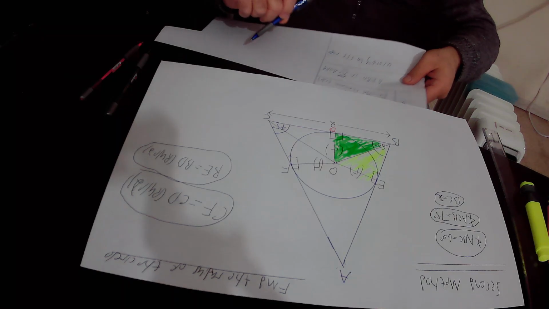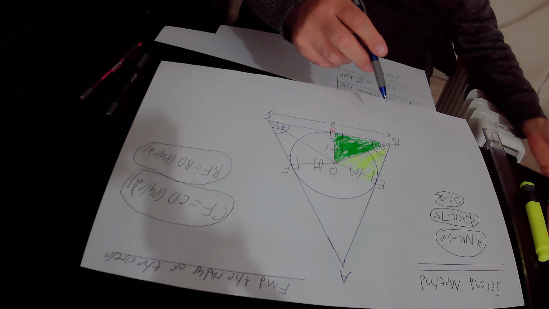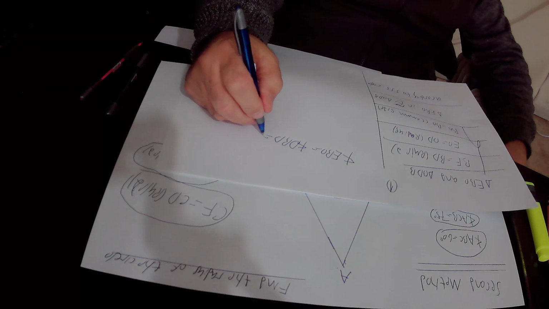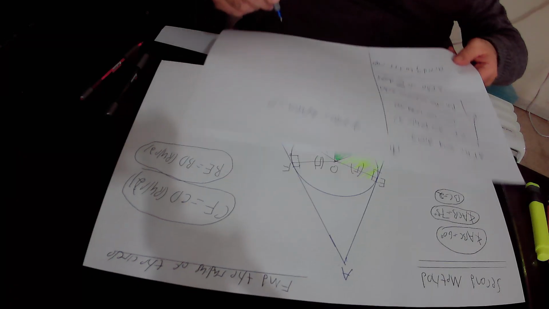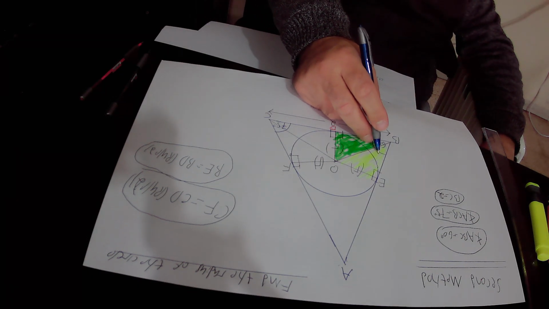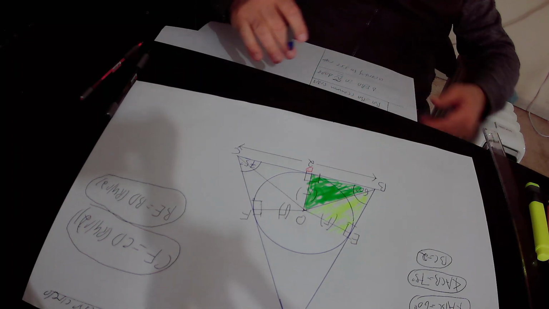So if we define one angle as theta, then the other angle must also equal theta, because they are equal to each other. So this is angle theta plus angle theta, in total they must equal 60 degrees according to what is given in the question.